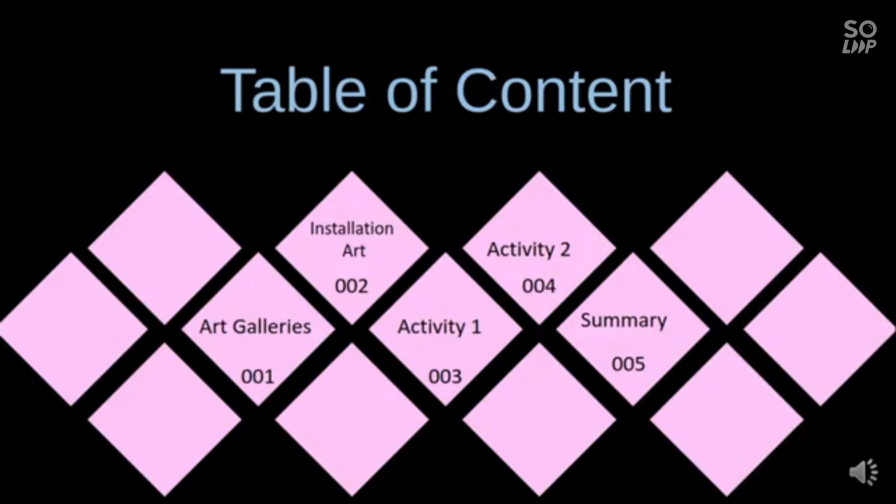The next one is Activity 1 and then Activity 2, and then of course we're going to end our video with a summary of everything that I have been teaching. For the first one, we're going to talk about the art gallery. Are you ready? If you are ready, we will start now.